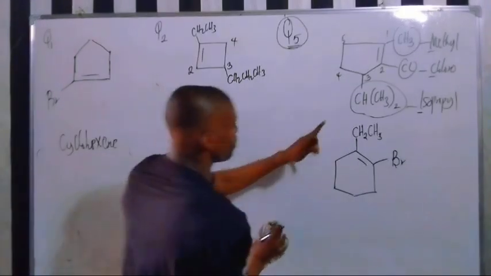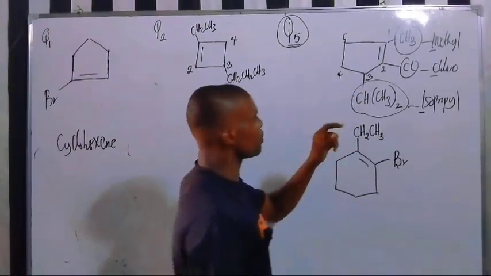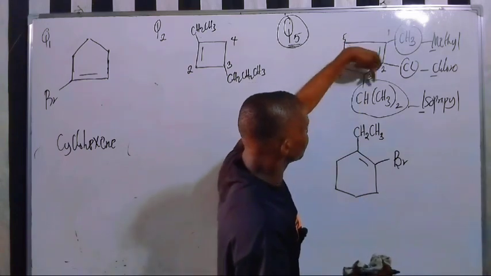So if I want to name this compound now, remember we have not done so yet, we're still doing it here. It's going to be, remember, carbon 1, 2, 3, 4, 5.